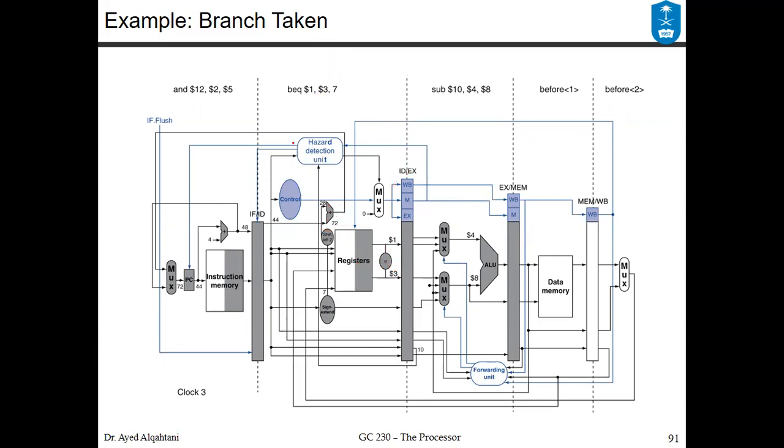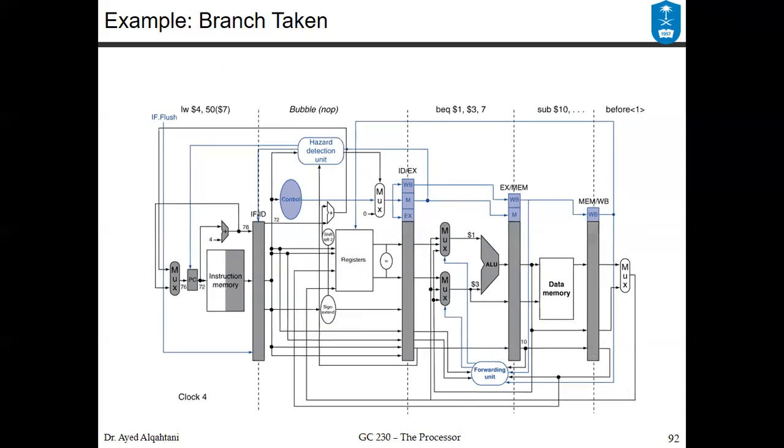So in this example, if the branch is taken, this is what will happen. And notice when we were calculating for the branch, we already fetched the AND. And now, because the branch is taken, the AND is incorrectly fetched. So what happens in the next cycle, we will have the branch moving to the next stage from the ID, it moves to the EX, or from the decode to the execute.